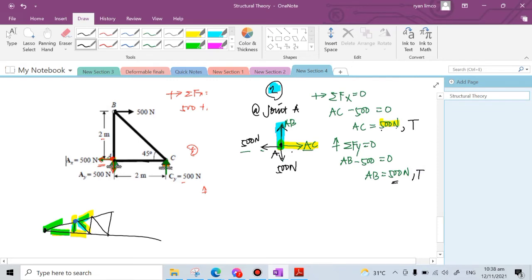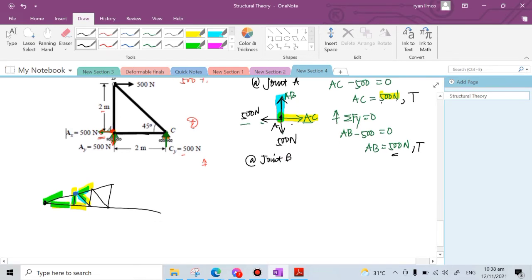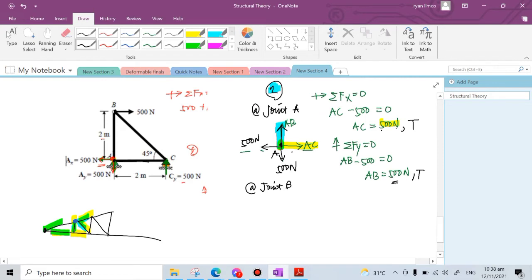So, lipat tayo ng joint B. At joint B, makikita natin dito na meron tayong member na to.